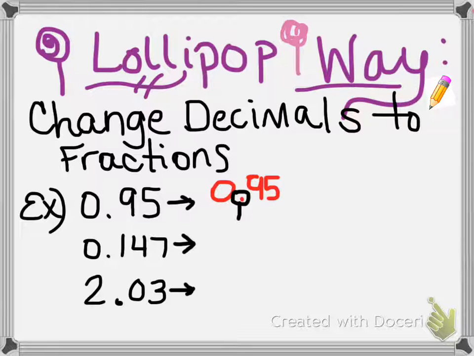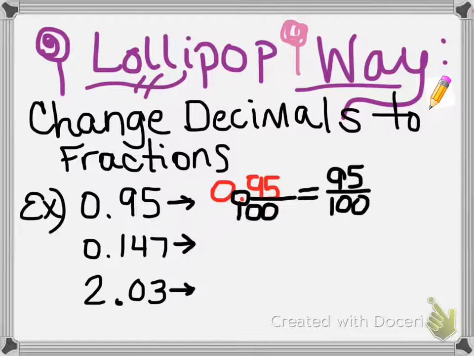So we've got a gumdrop under the 9, a gumdrop under the 5. Okay, to finish it off, look how neatly and nicely it looks like a fraction. Okay, so the fraction would be 95 over 100.